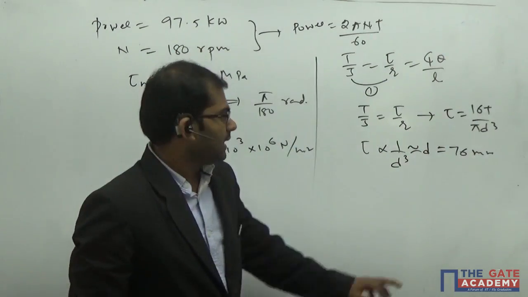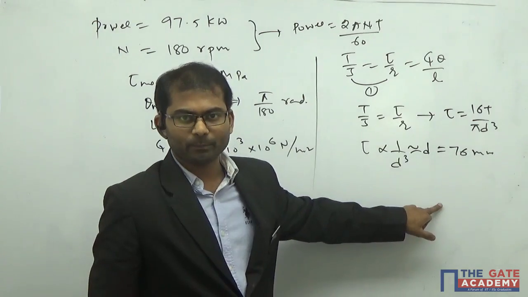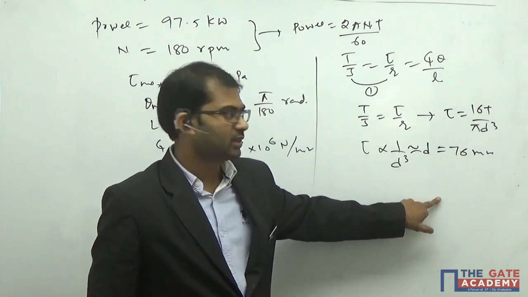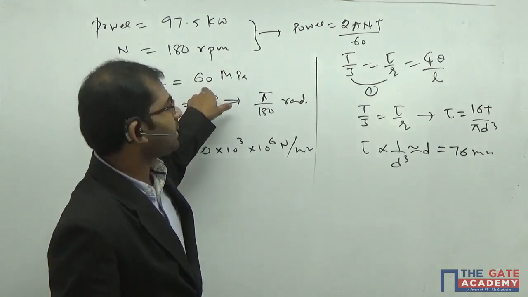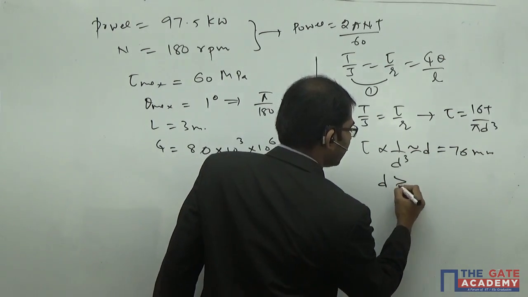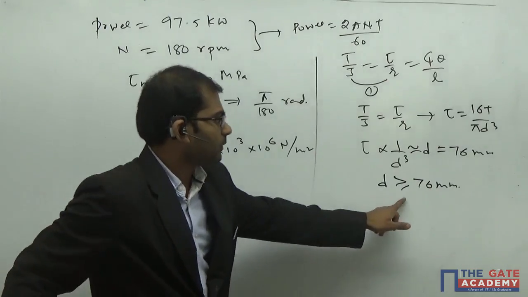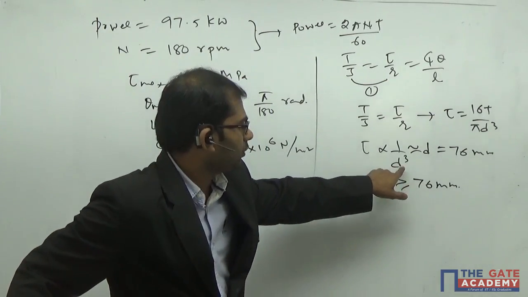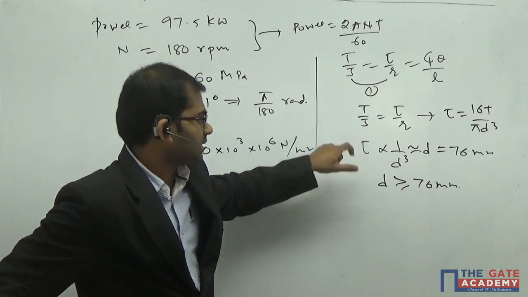So this says that if my diameter goes below 76 mm, your shear stress will go beyond 60 megapascal. Understand? So according to this, diameter must be greater than or equal to 76 mm. You can't go below 76 mm, because if you decrease the diameter d, tau will increase. This is one thing.